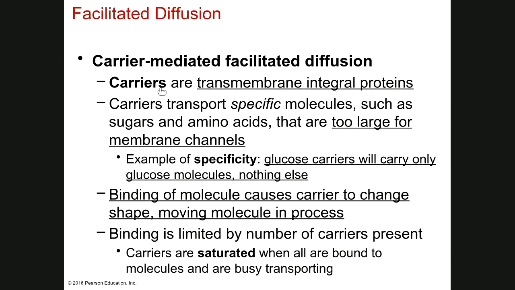An example would be glucose. Glucose is sort of large. It can't fit through channels, and it can't go through the plasma membrane by itself. So glucose will definitely use carriers, and they're very specific. Glucose carriers only carry glucose.